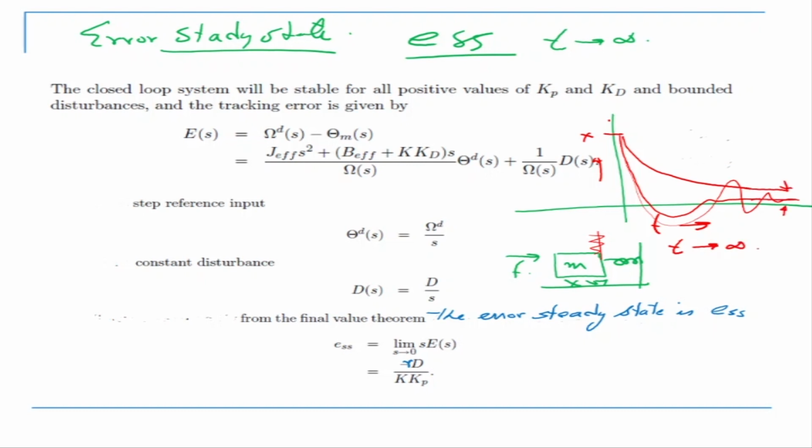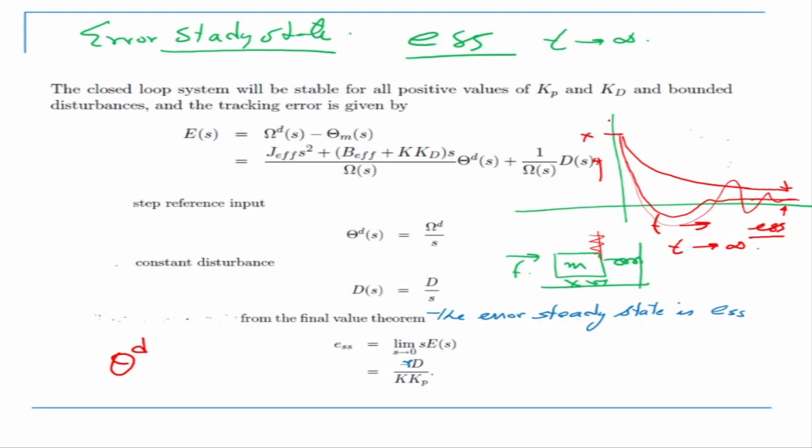What is happening there is my error steady state. As time goes to infinity, will it actually go and meet zero again, or is it never going to meet zero again? We need to examine that, because this means the system will never reach where you desire it to go. My desired input was theta d.